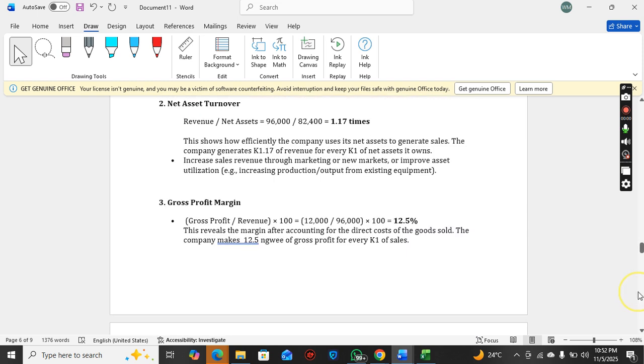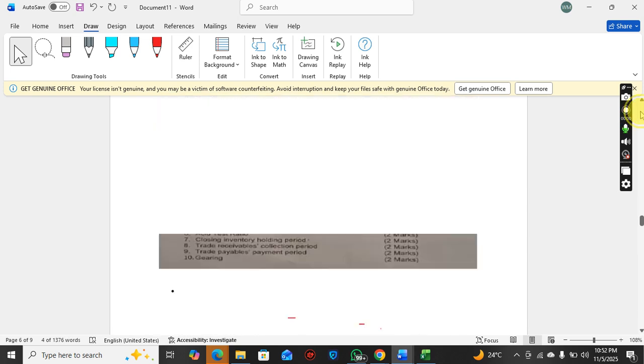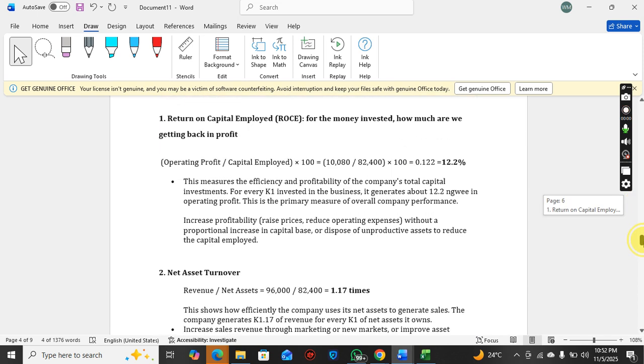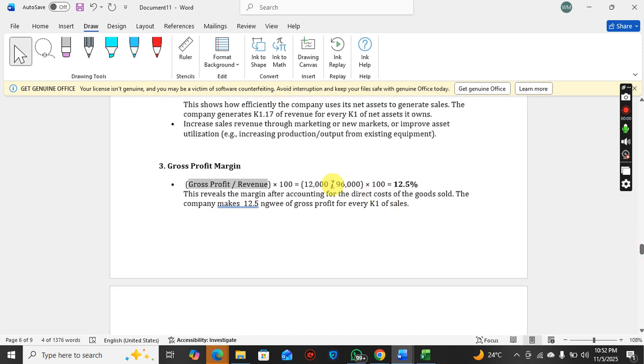So it's just your gross profit divided by your sales revenue. I believe in this question gross profit was given, $12,000. So 12,000 divided by sales revenue 96,000 gets 0.125, which is also equal to 12.5%.